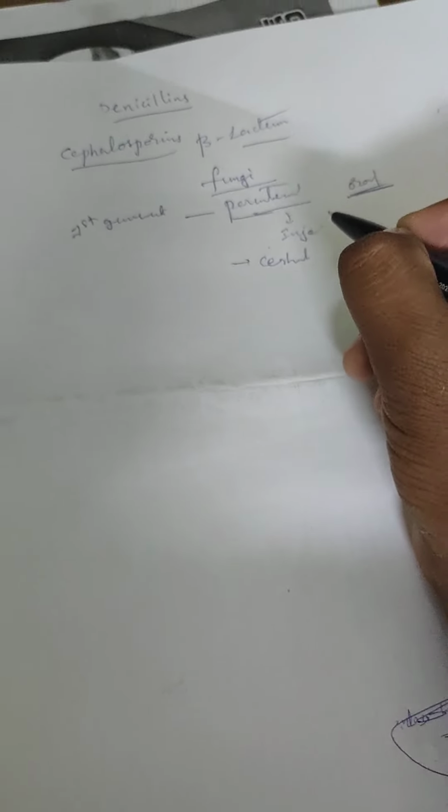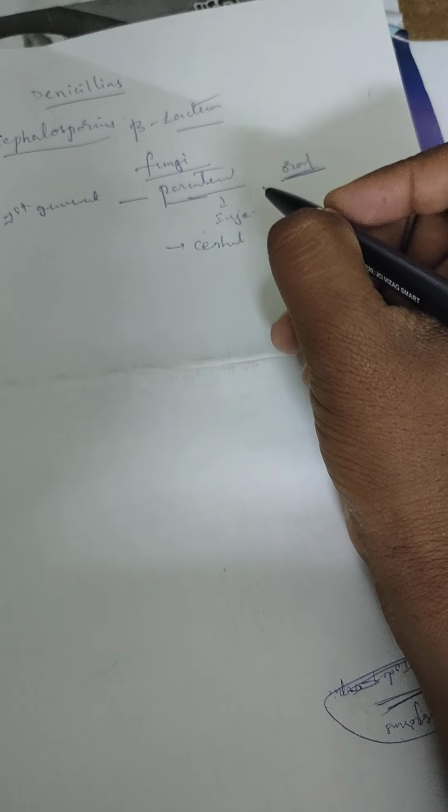Parenteral means in the form of injections; they are mainly given only as injections. In the material I had given, the first generation parenteral drugs are cephalothin and cefazolin. For oral drugs: cephalexin, cephradine.